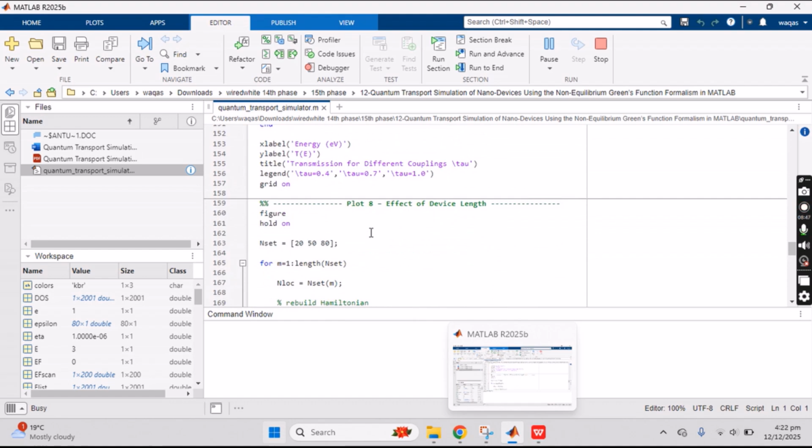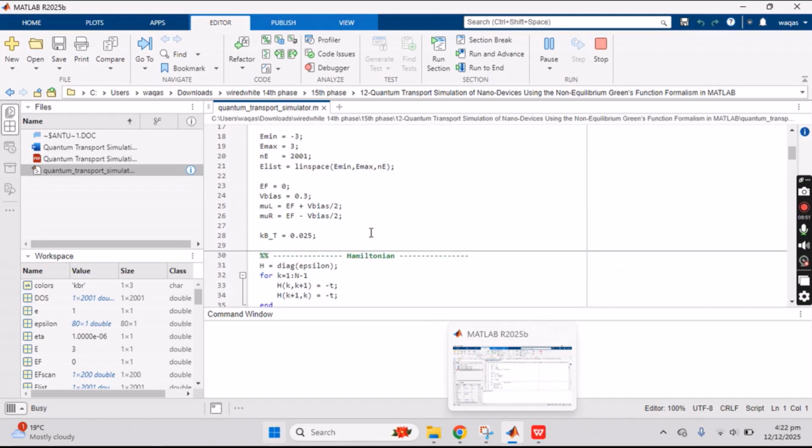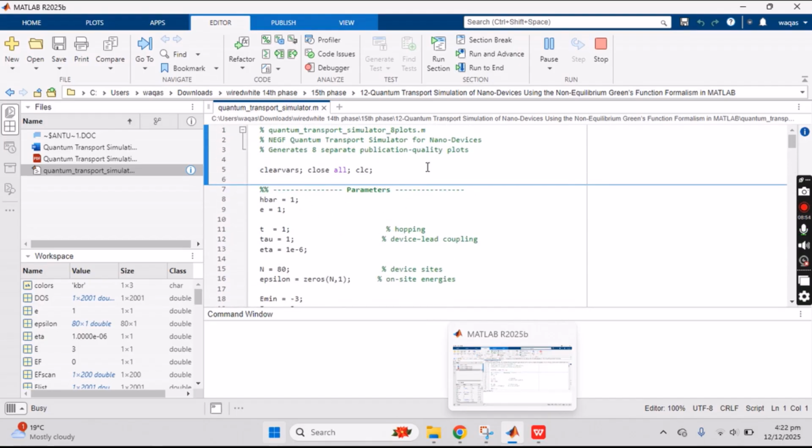Here is the plot for the effect of device length. Almost eight plots will be generated, so let me wait, and we will get the output results accordingly.